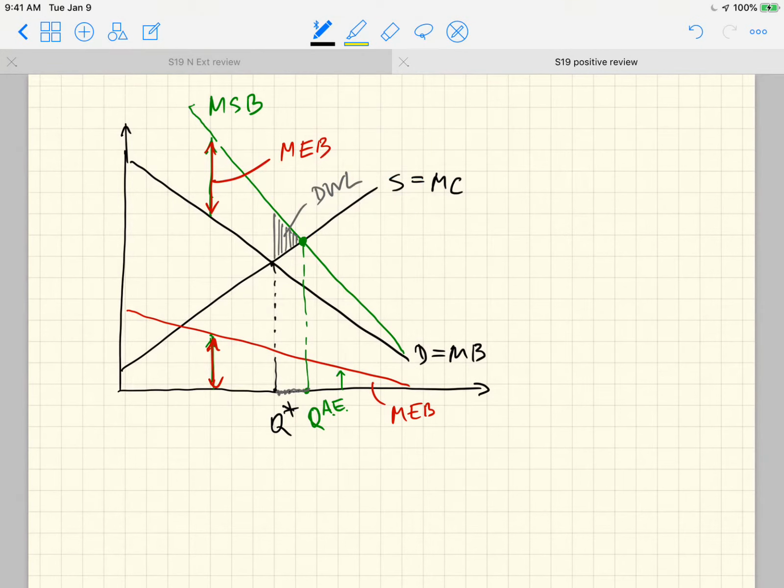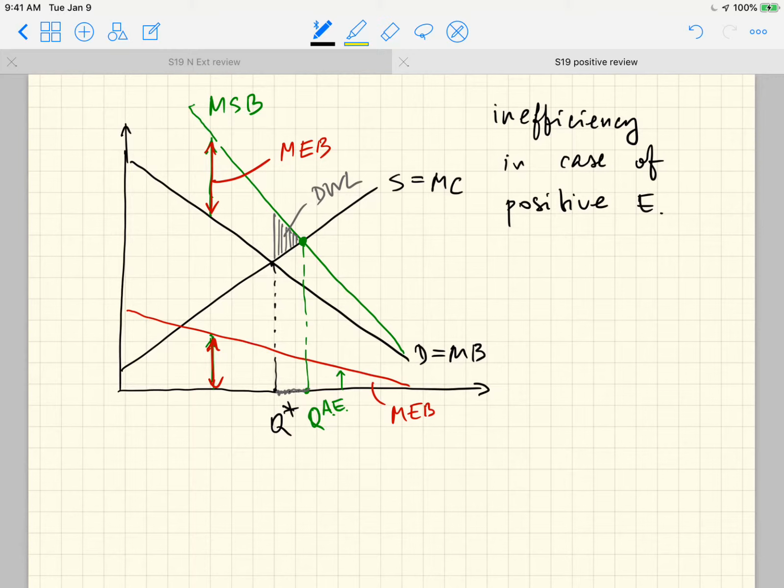And next thing, let's write it down. Inefficiency in case of positive externality. I'm writing it down because I know quite a bit of people think that if there is a positive externality, then things should only get better.